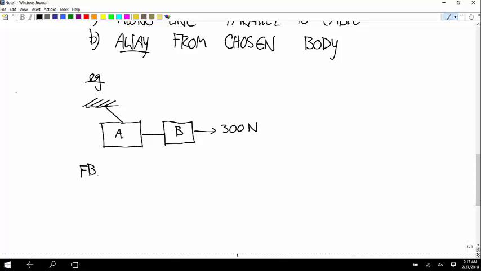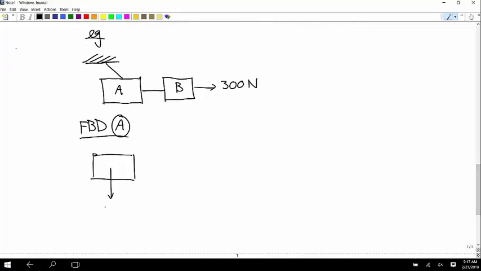So a free body diagram of body A. You have the weight force, MAG.